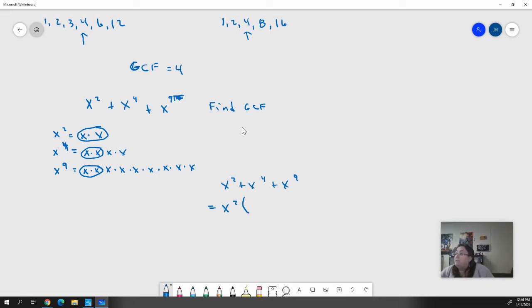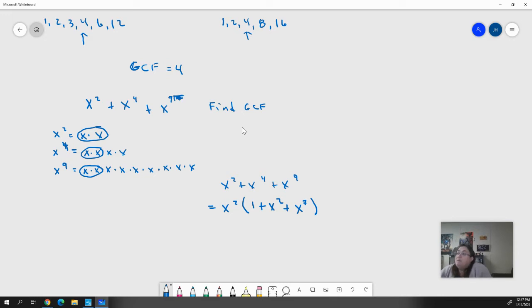X squared divided by x squared is just 1. Plus x to the 4th. Well, how many x's do I have left here? I have 2 after I pull out the x squared. So now I'm left with another x squared. Here, I had 9. I pulled 2 out. So now I have x to the 7th.